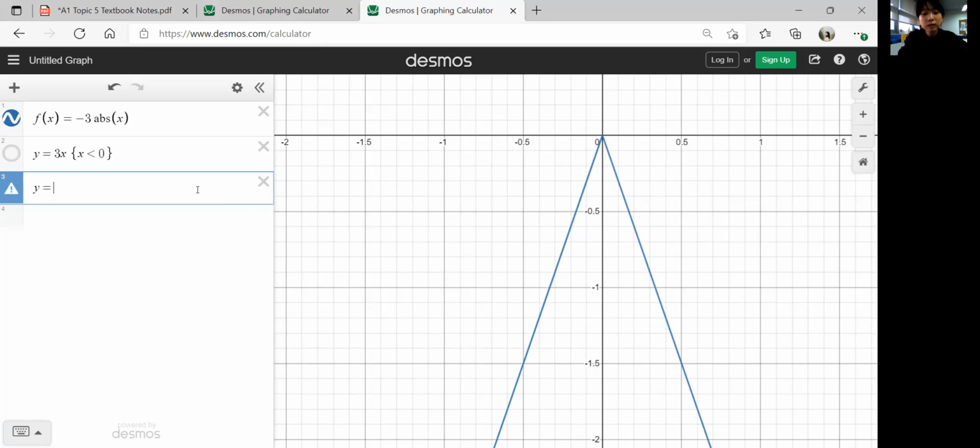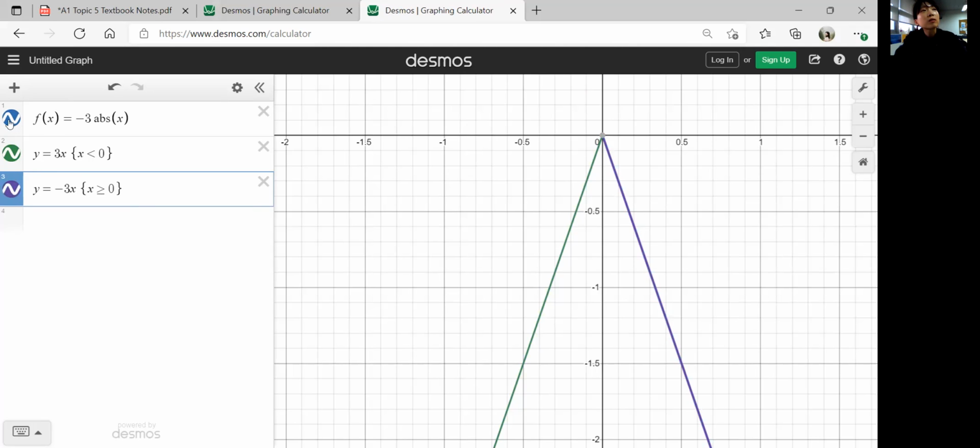So y equals negative 3x for all the positive values of x. So let's cut this line as well by using a bracket. x has to be greater than or equal to 0. You see that? So that's our positive side.